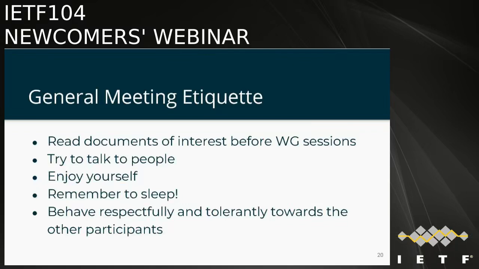Each working group has its own agenda. It helps to read the documents because most of the time when people present about a document, unless they're presenting about a new one that they'd like the group to consider, they'll just discuss the diffs from the previous version. So unless you've read it, it's hard to understand what the diff is if you don't have the base document.